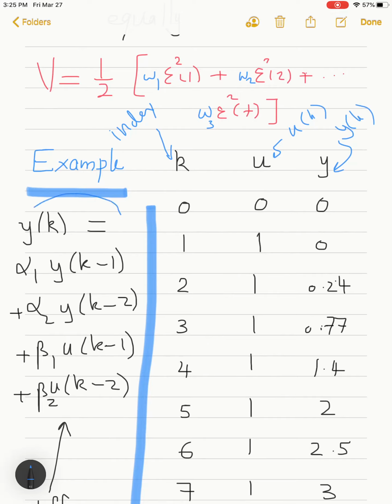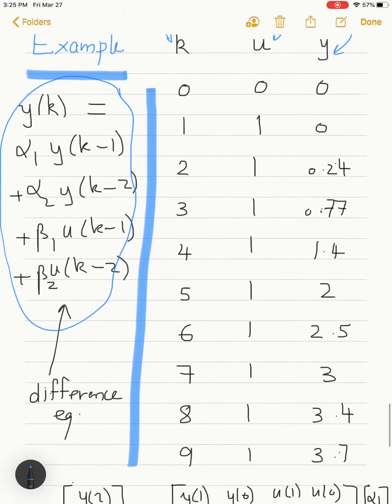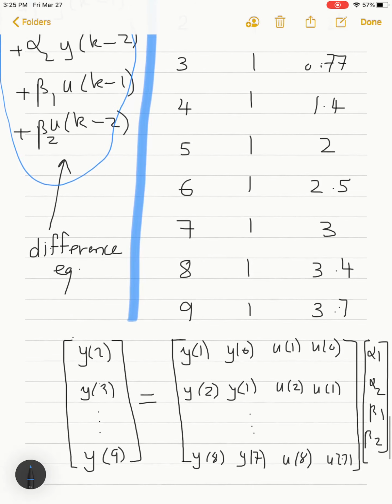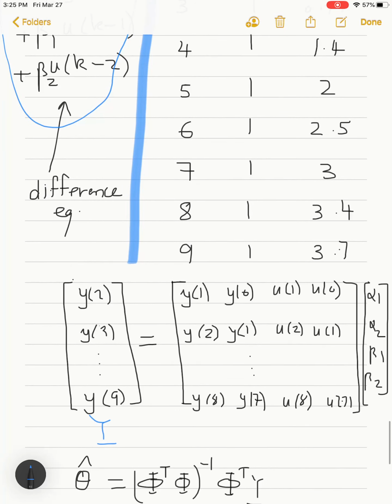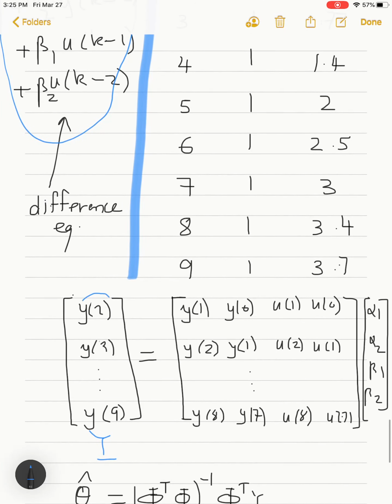Now, if we assume this to be the difference equation that relates the output to the input, we form the vector y. We start here from y2.